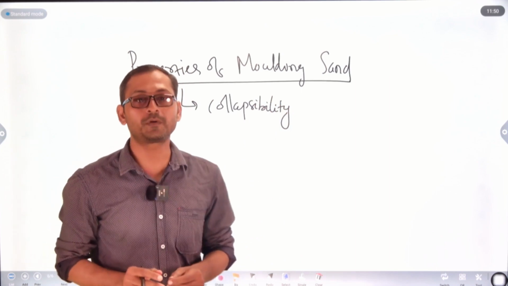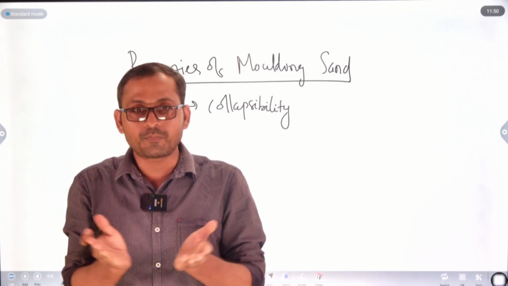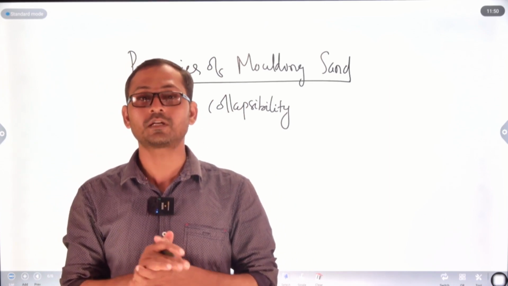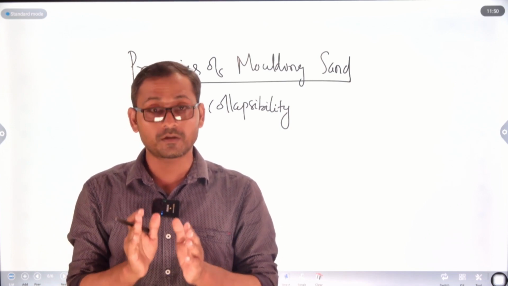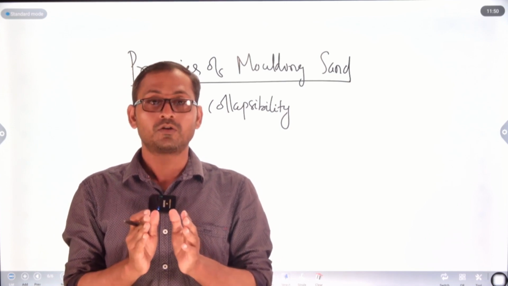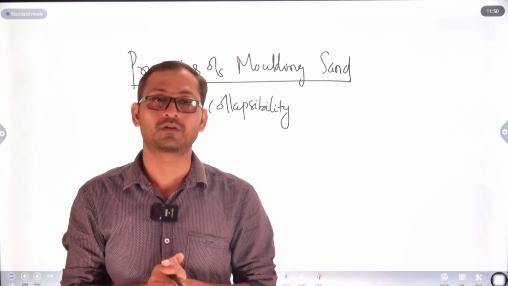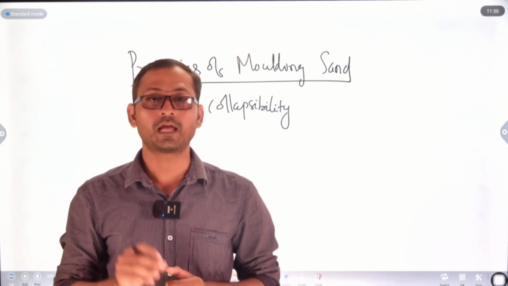Because during solidification, the liquid molten metal solidifies in the sand bed, and it shrinks volumetrically. Now the duty of the sand bed is not to obstruct the shrinkage of the casting. If it obstructs, then a casting defect is created, like hot tears.